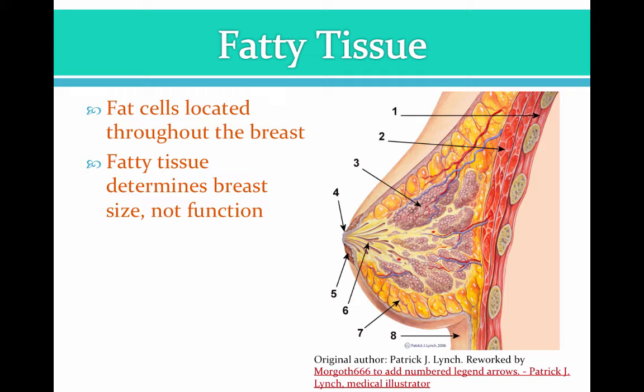Women with larger breasts may be more likely to have a larger milk storage capacity, and that could explain why some women can deliver larger amounts of milk to their infants at one time. So you might have infants who can nurse and then they're satisfied for a longer period of time than others, and that could be because their mothers have a larger storage capacity in their breasts to deliver more milk at one time to their infants.